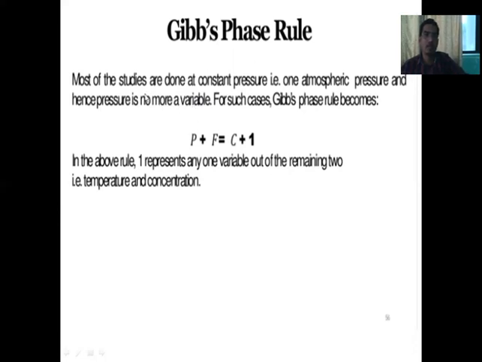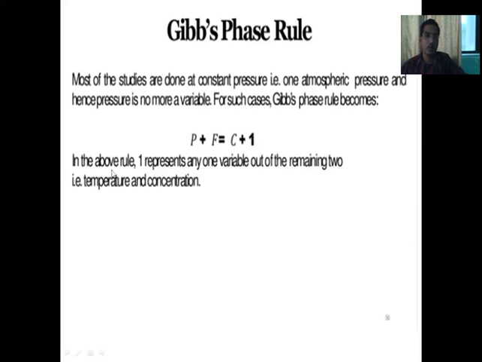So we are going to neglect the pressure variable while doing the calculation for this phase rule. For such cases, the Gibbs phase rule now becomes P plus F is equal to C plus 1.